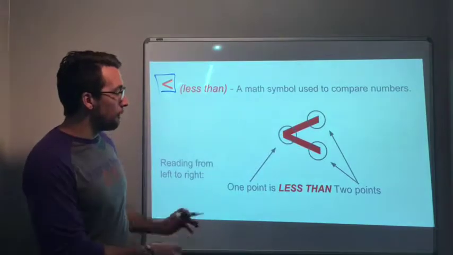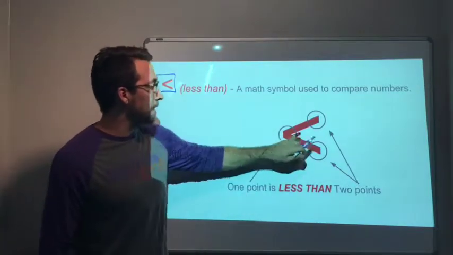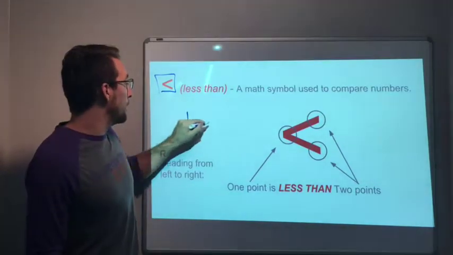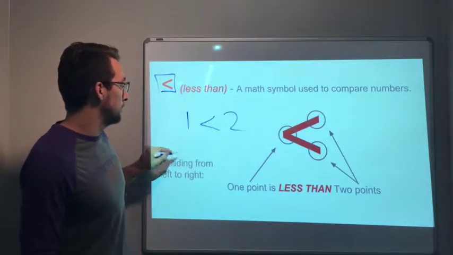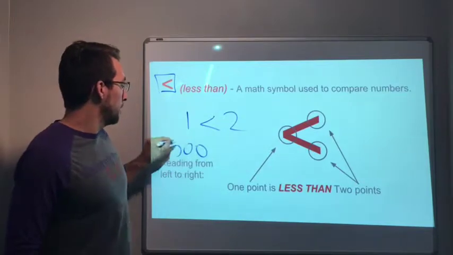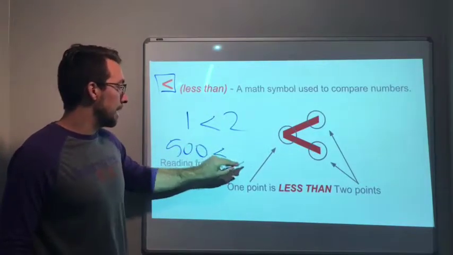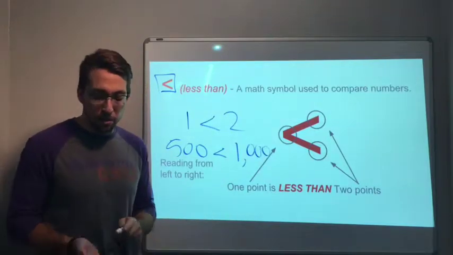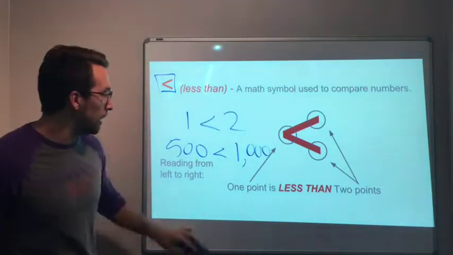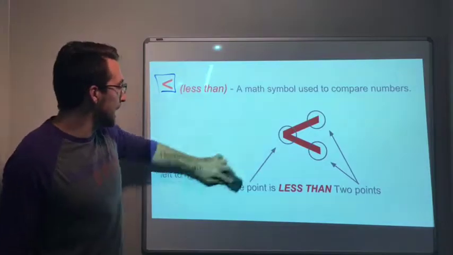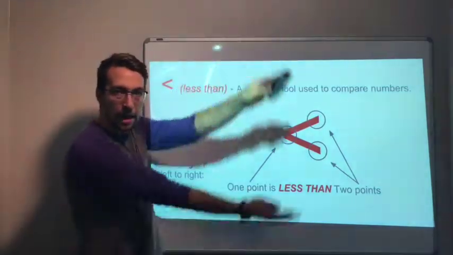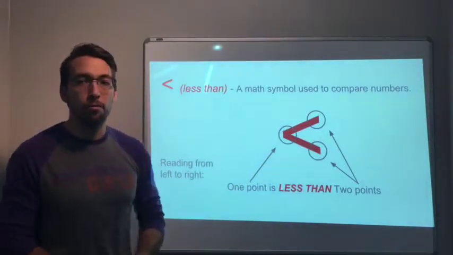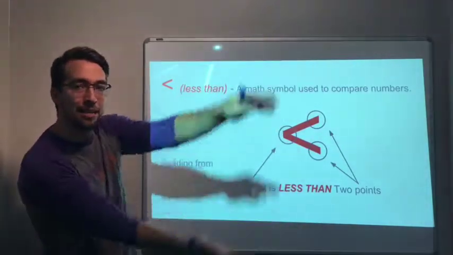So read this symbol from left to right. 1 is less than 2. 500 is less than 1,000. That's all this symbol means, is less than. Notice, if you want to look at an alligator mouth, the alligator always eats the bigger number.